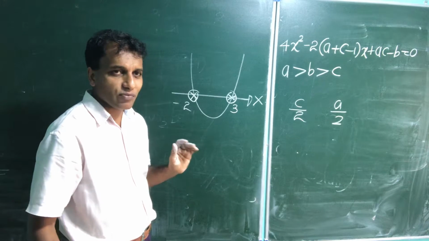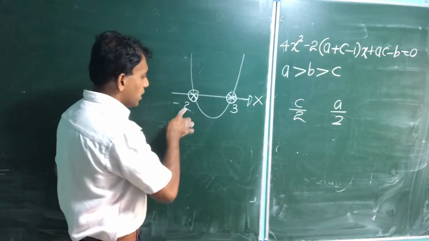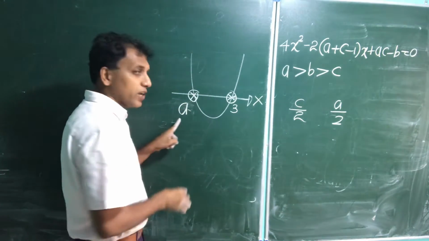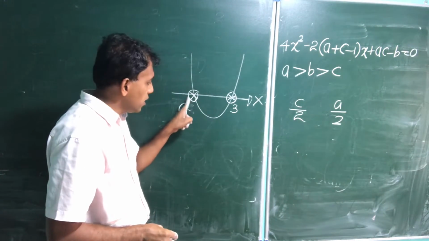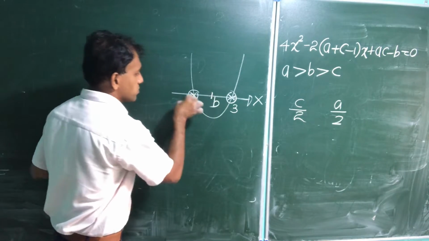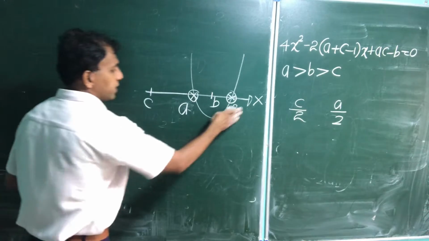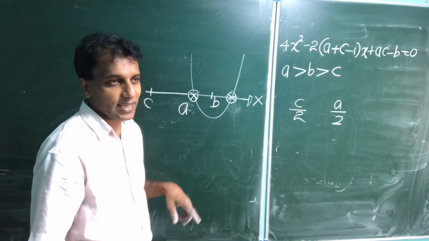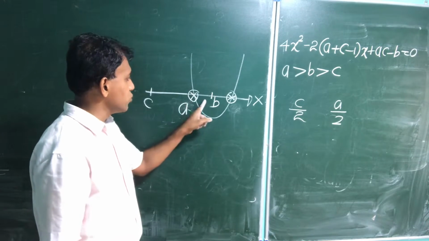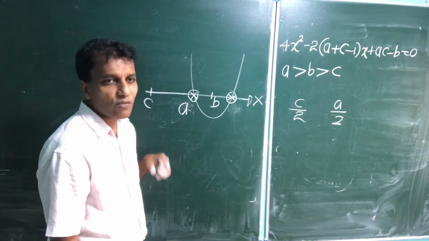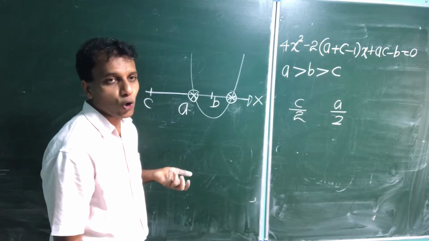If they ask, for example, about this point, I say it is A: one solution between B and C. Such a problem, then what is the method? How to show that?